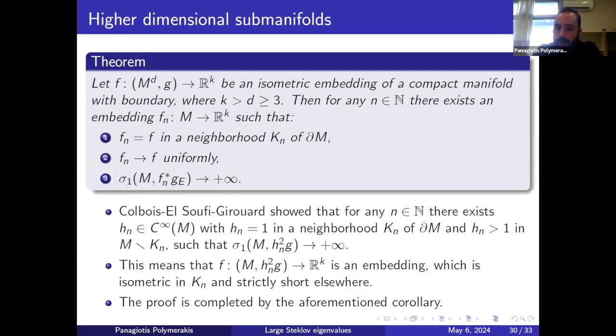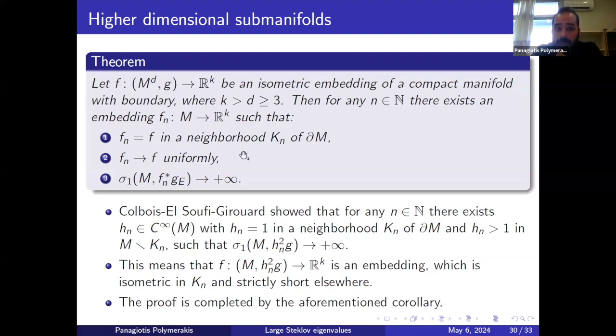Okay, so suppose that we have an isometric embedding of a compact Riemannian manifold with boundary into Euclidean space of dimension at least 3 and codimension at least 1. Then we can find a sequence of embeddings which coincide with the original one in a neighborhood of the boundary, converge to the original one uniformly, and the first eigenvalue of the corresponding submanifold is arbitrarily large.